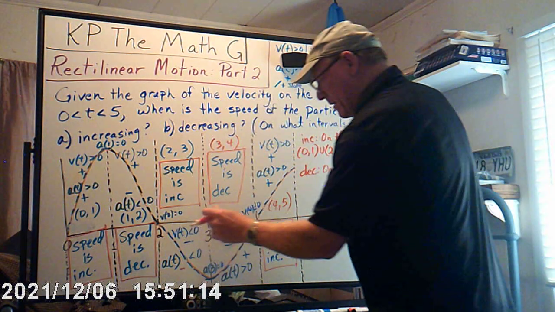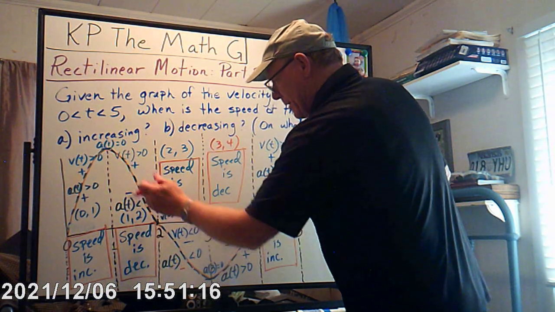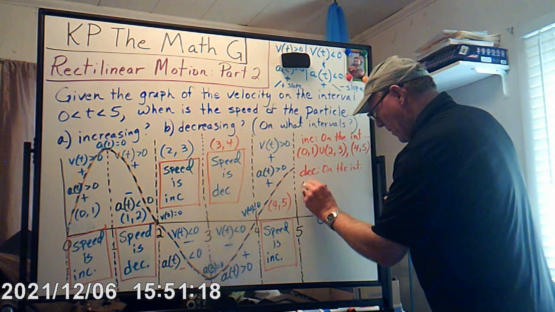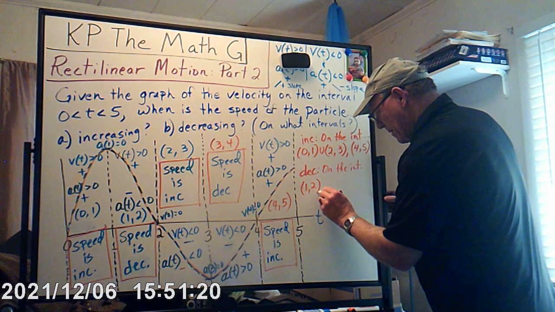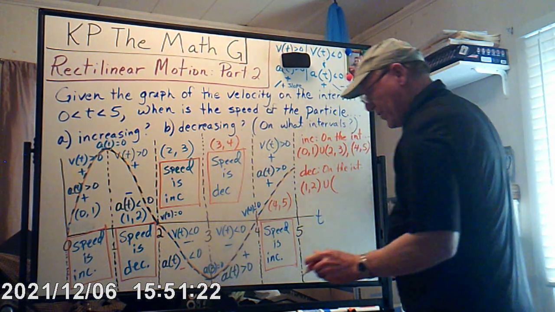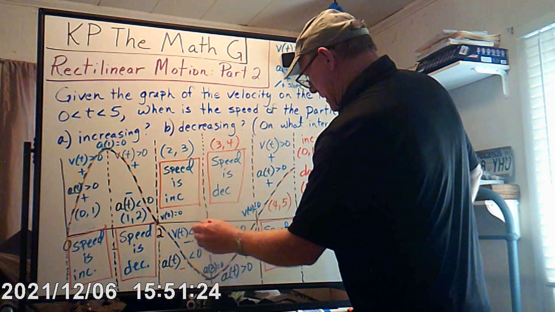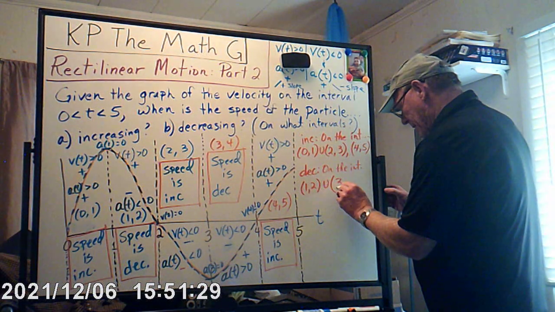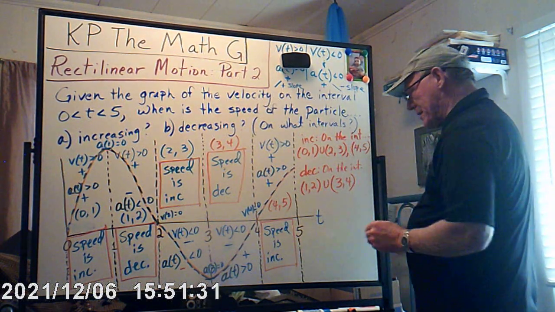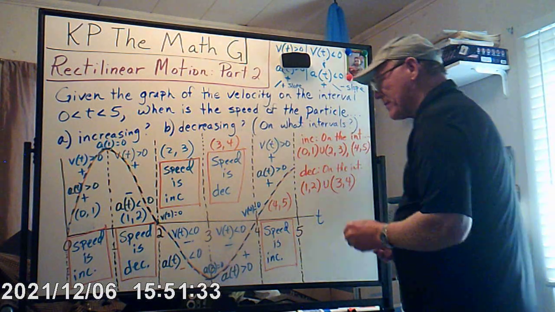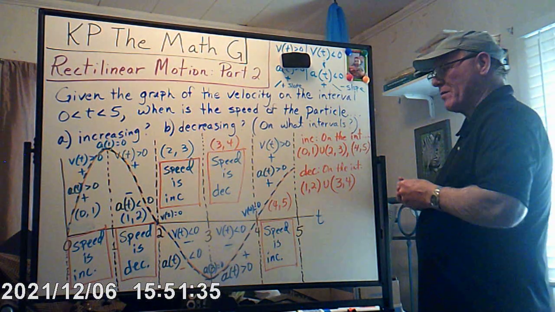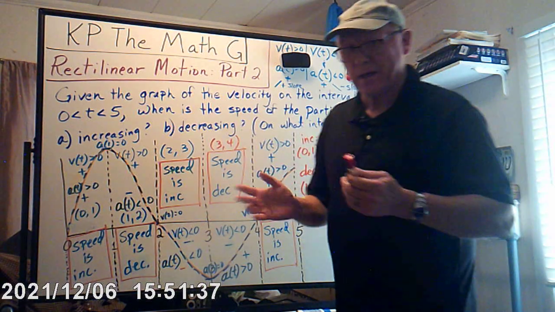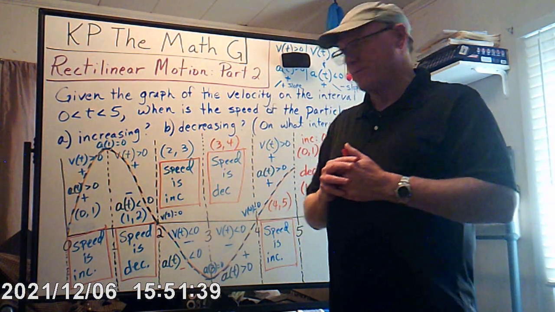Decreasing between 1 and 2, union that with decreasing again between 3 and 4. Sometimes you may just be asked one or the other, maybe not both. I showed both because you needed to see both of them.